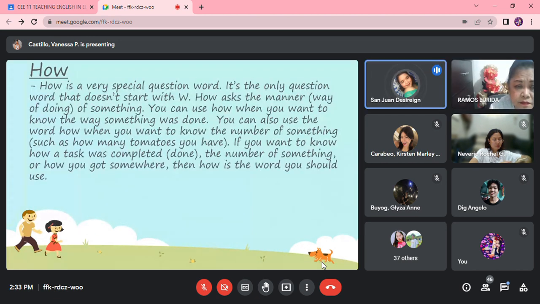Next is how. How is a very special question word. It's the only question word that doesn't start with W. How is the manner, the way of doing something. You can use how when you want to know the way something was done. You can also use the word how when you want to know the number of something.